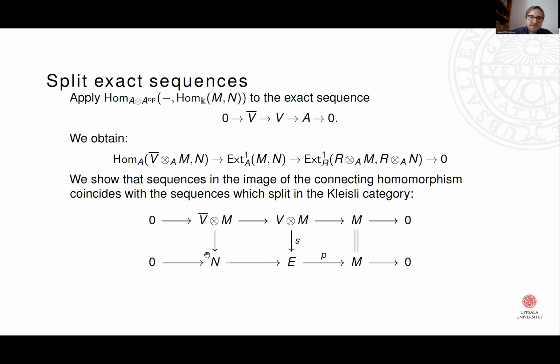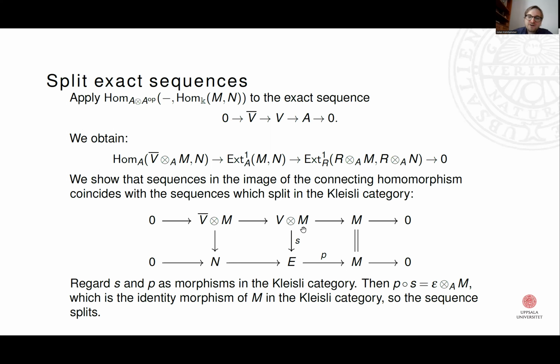Now I claim that such a sequence, which you can obtain as such a pushout, is always split in the Kleisli category. Why is that? Because any A-linear map, via the counit, can be regarded as a map in the Kleisli category. So this map P from E to M is in particular a morphism in the Kleisli category.